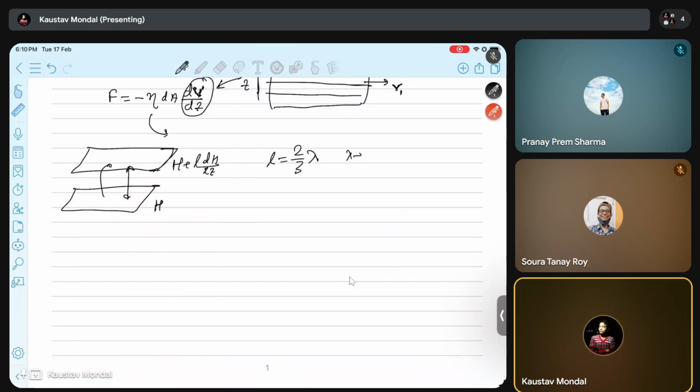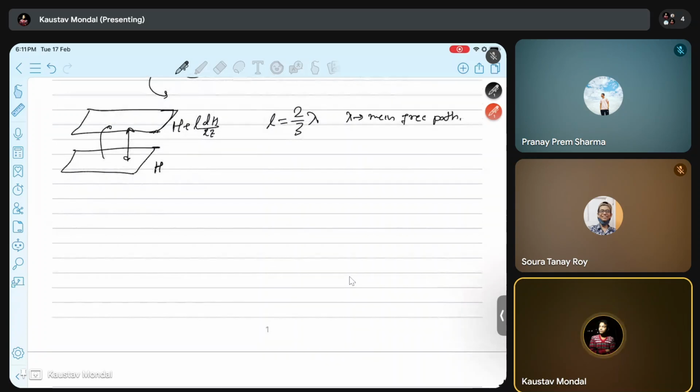Lambda is the mean free path, and we have also shown how this calculation comes about. For different cases we have calculated, let's suppose h is some velocity gradient.